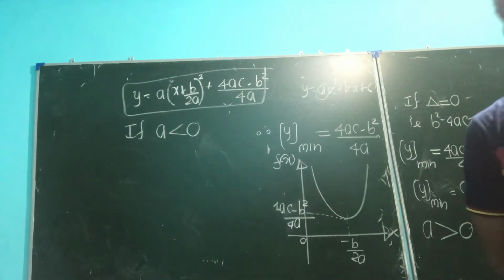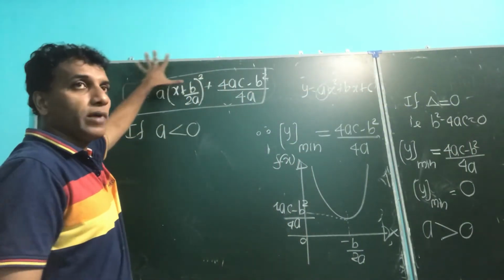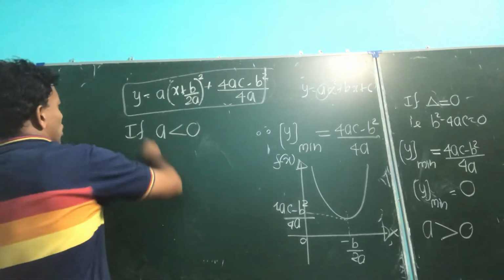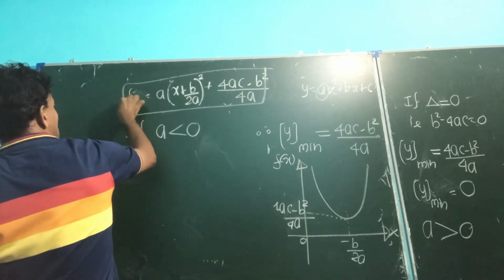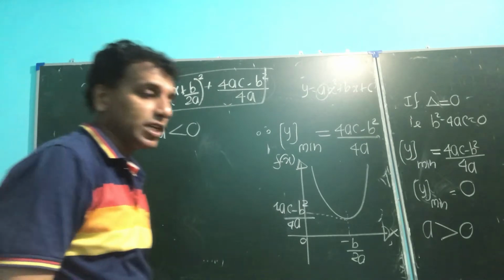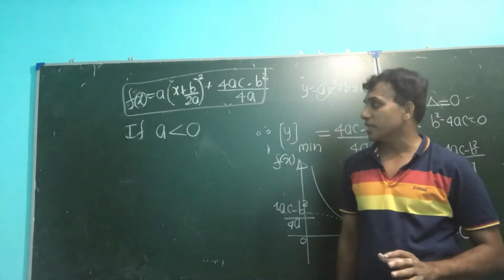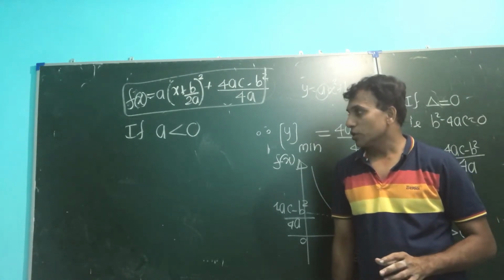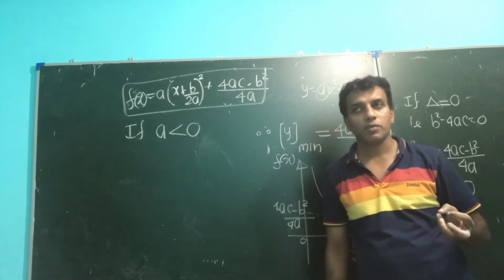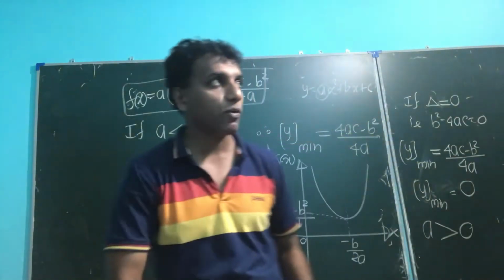I have shown this already; you can take y equal to f of x, a function in x. What do I mean by a? The coefficient in front of x square is less than 0. So here also we have three types of graph: zero maximum, positive maximum, negative maximum. We'll define them one by one.